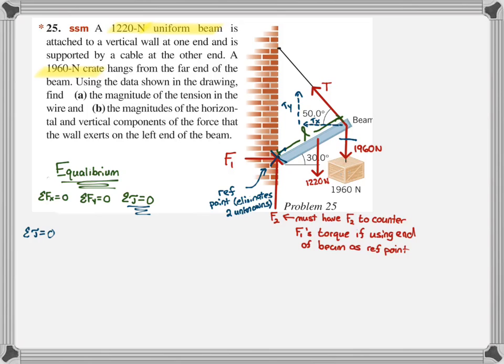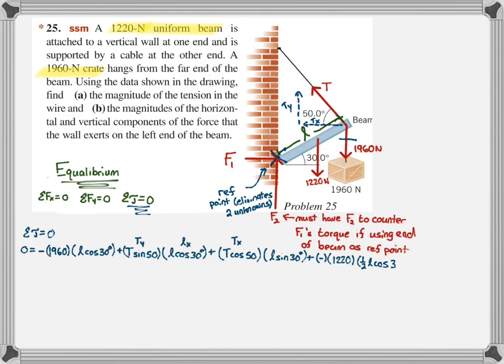So we start with net torque equal to 0. We have 1,960 times L cosine theta. We use cosine theta to find the X component because 1,960 is only acting in the Y direction. Plus T sine of 50, which is the Y component, times the length in the X, plus T cosine of 50, which is the X component, times L sine of 30, which is the Y component of the length.